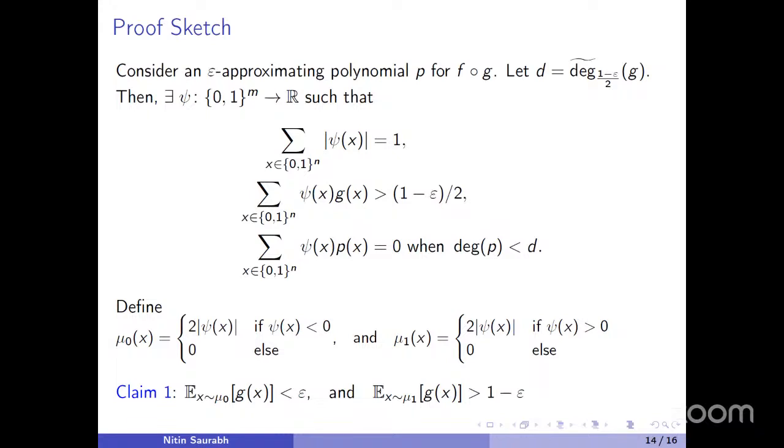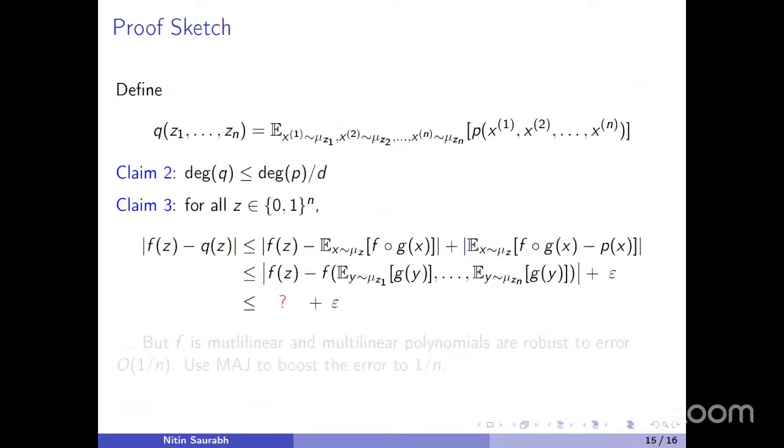So you take these two distributions, and what you can show is that this is nearly correct. The expectation with respect to these two distributions of g is either close to 0 or close to 1. So each of these distributions is nearly supported on g inverse 0 or g inverse 1. Great.